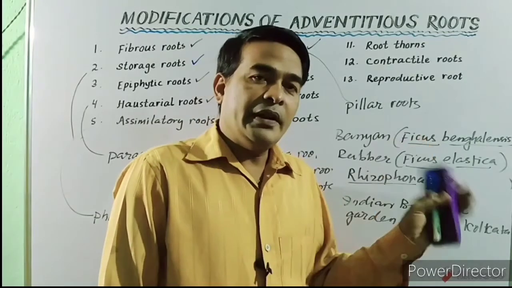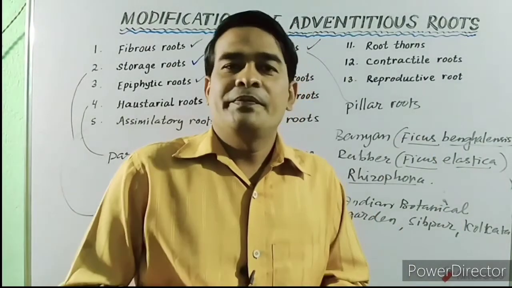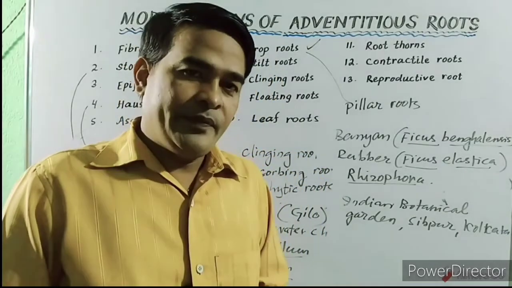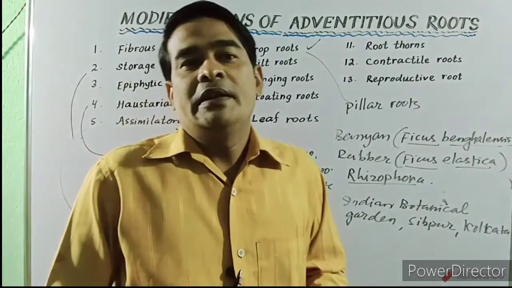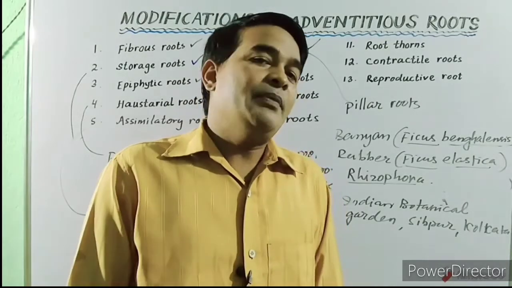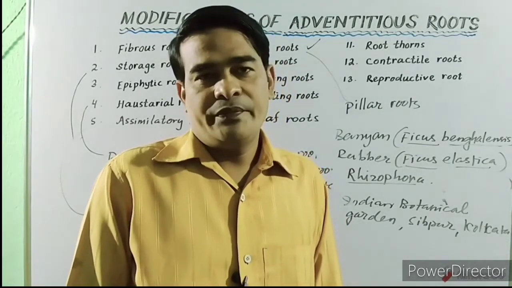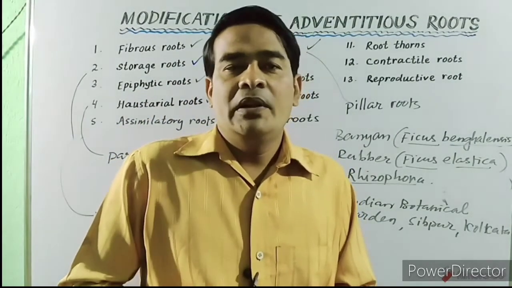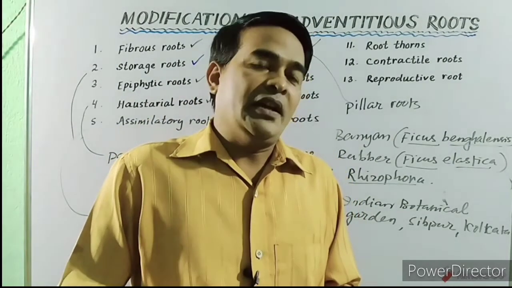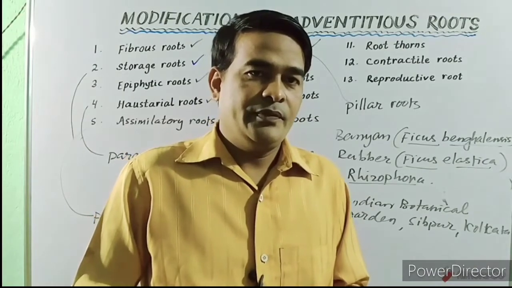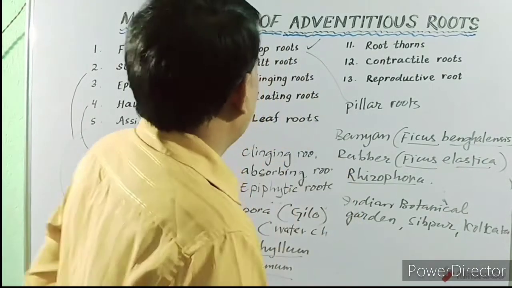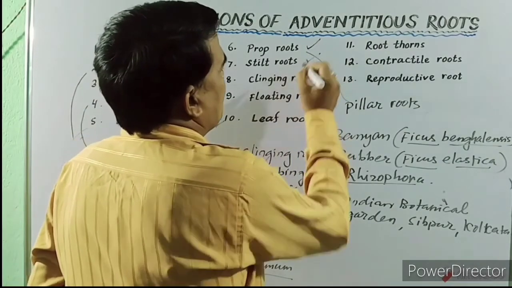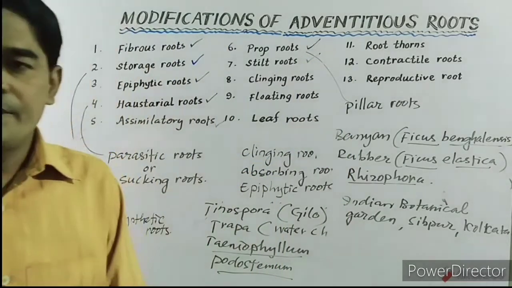This great banyan tree has circumference of 404 meter and 1775 prop roots, and it occupies an area of about 5.2 acres. Okay, then we will study about stilt roots.